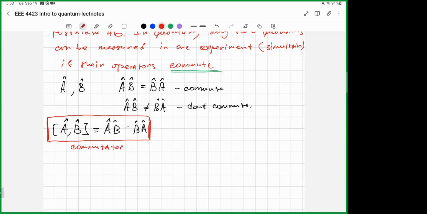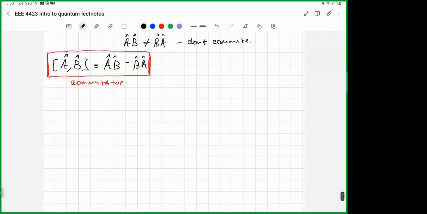Commutator. So in terms of commutation, we can have two types of operators: commutative operators and non-commutative operators, right?